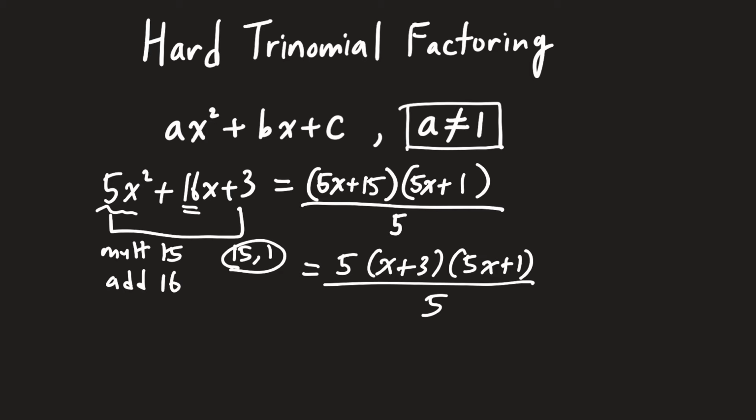And what I can do is I can cancel the two 5's out. So I'm left with x plus 3 times 5x plus 1. That's my answer. And you can certainly check this using FOIL. And you will see that this does indeed give you 5x squared plus 16x plus 3.